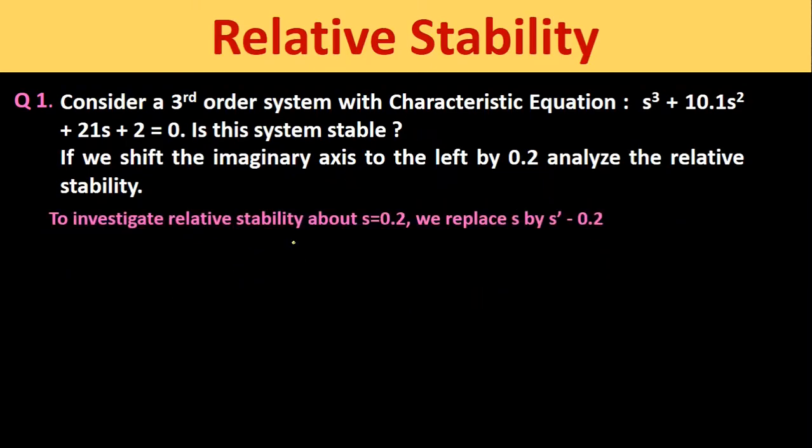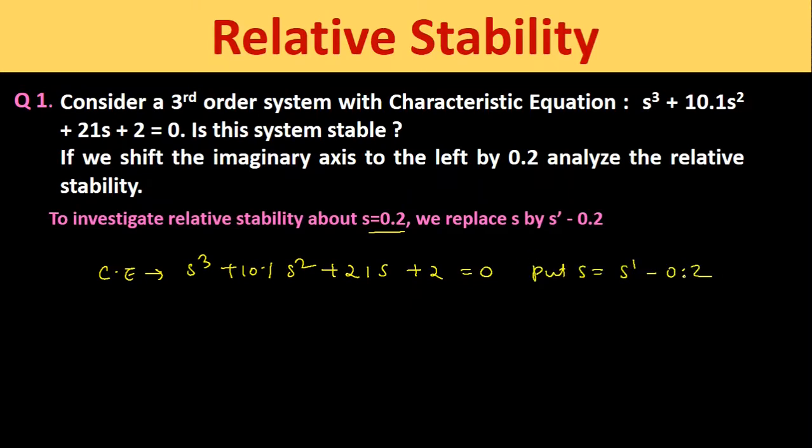So to investigate the relative stability about s is equal to 0.2, we replace s by s dash minus 0.2 in the characteristic equation. So our characteristic equation was s cube plus 10.1 s square plus 21s plus 2 is equal to 0. Now we will put s is equal to s dash minus 0.2 in this equation.